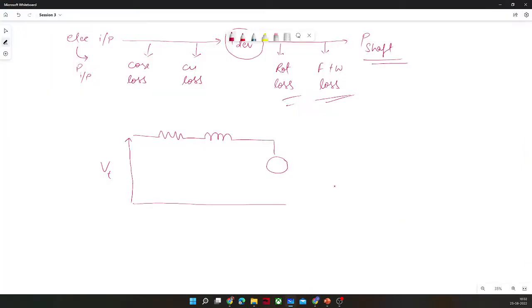Okay, so let me continue here. This would be excitation EMF, right? RS. Now, in motor, current would be fed from the terminal side.